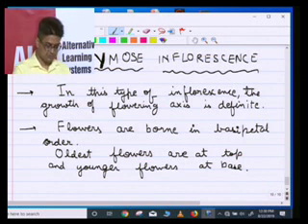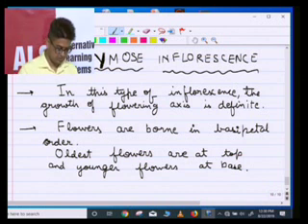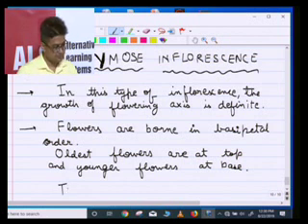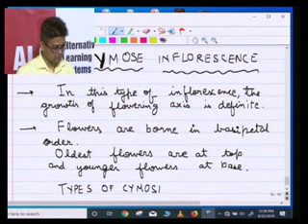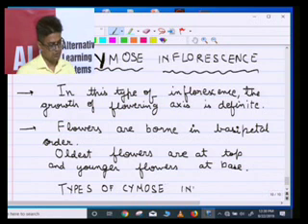Now let's talk about types of cymose inflorescence. Please put the heading: types of cymose inflorescence.